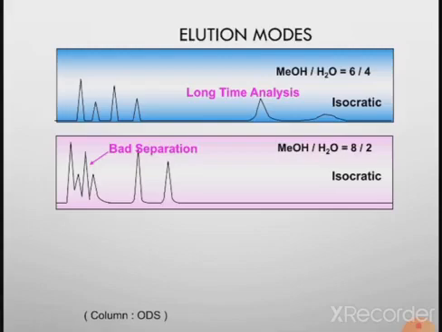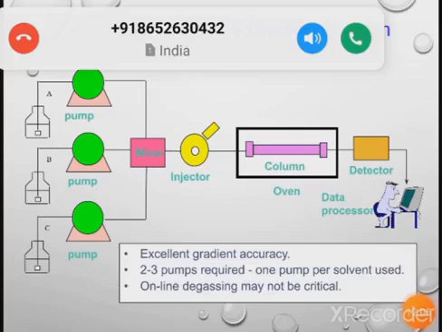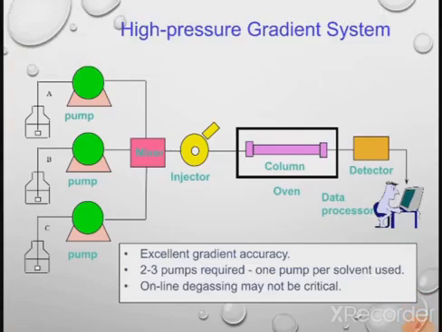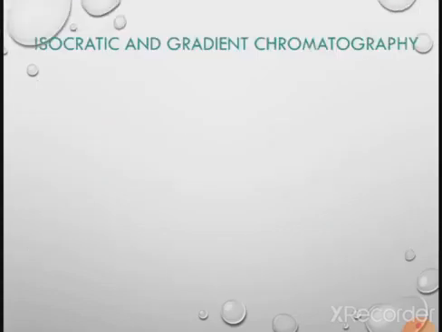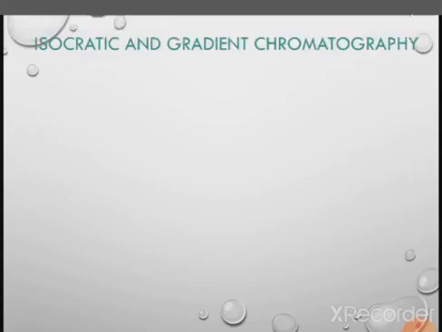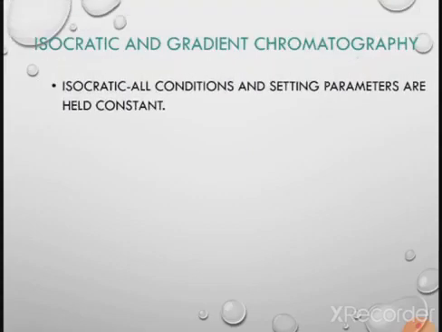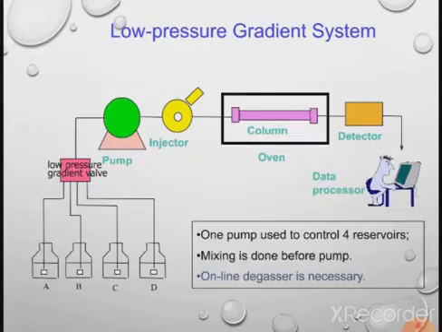Now, elution method. In the low pressure gradient pump, four reservoirs are used with one pump, and they are pre-mixed.